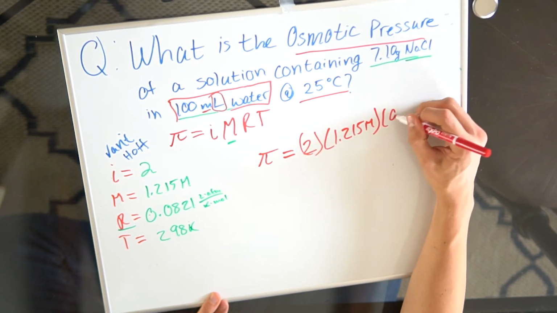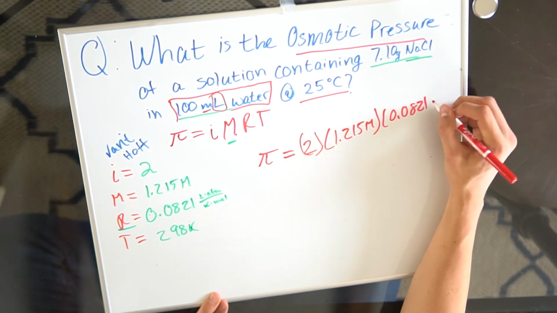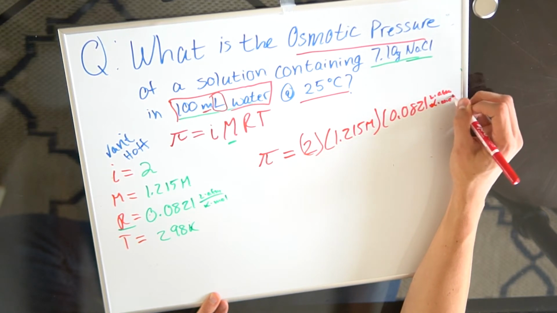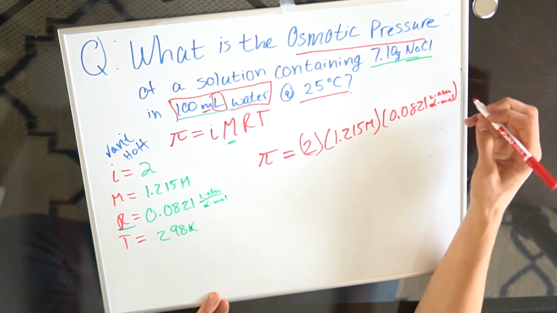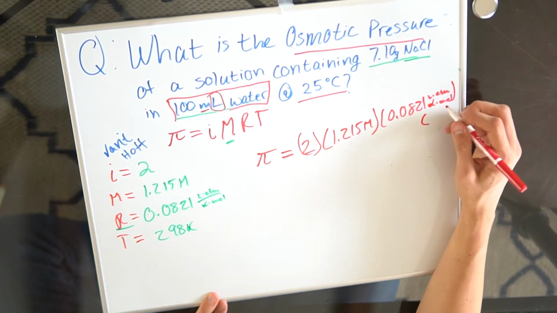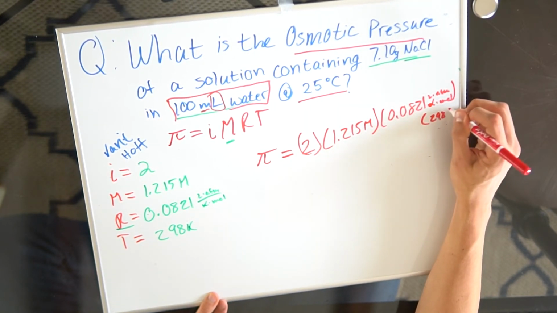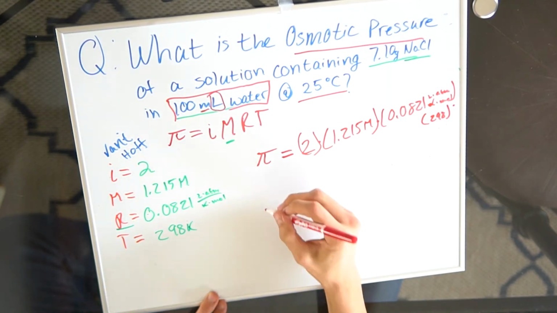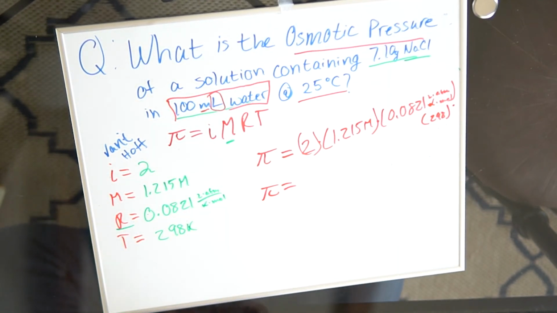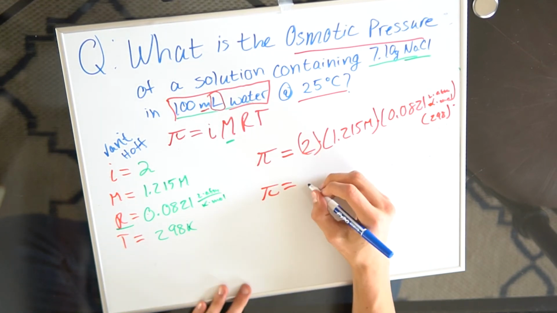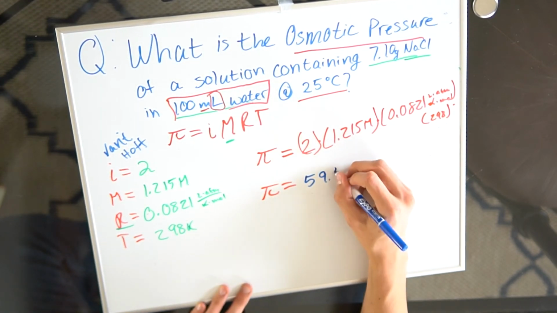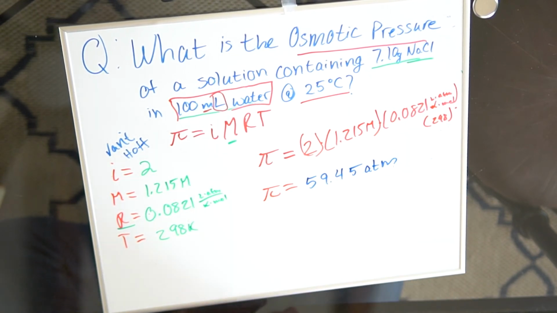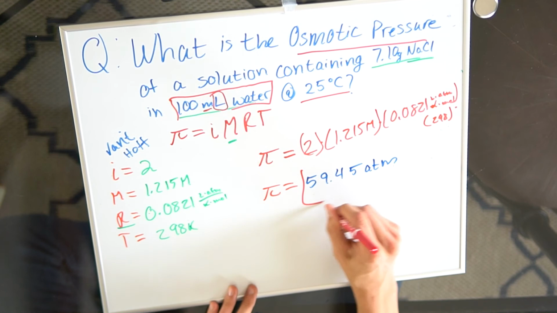Our R is 0.0821 liters times atmosphere over K times mole. And our last value, we're just gonna stick this guy over here. Just know that he's multiplied on. All right, and you just put all those in the calculator. It's gonna give you a value of 59.45, and our unit here is atmospheres for osmotic pressure. There you have it. There's your answer.